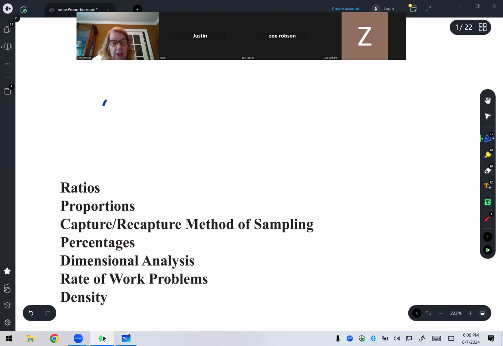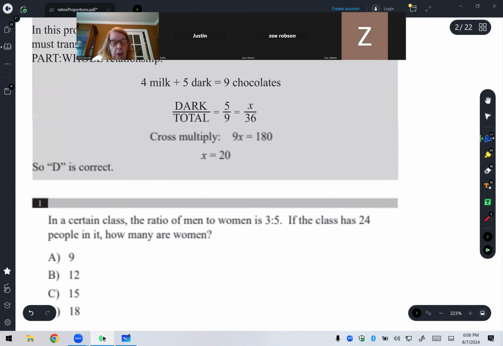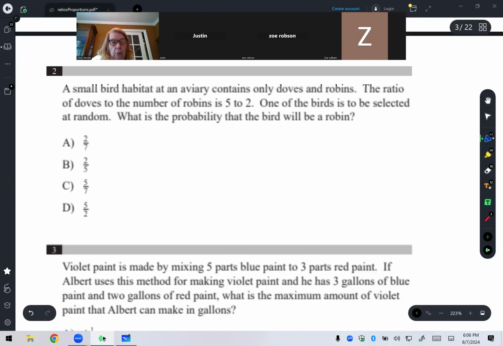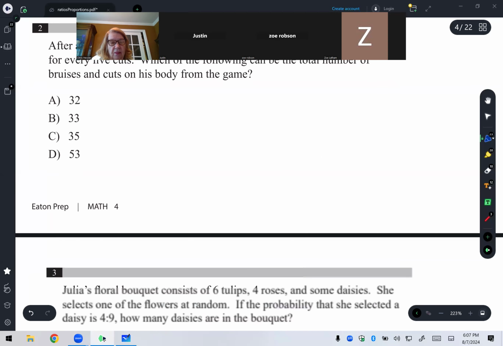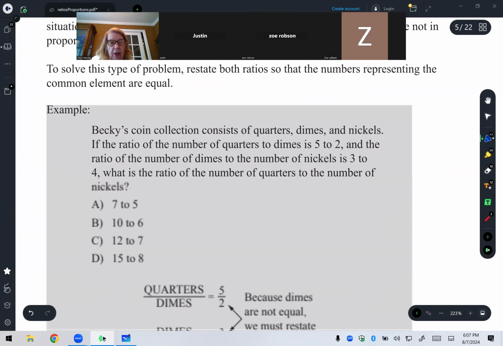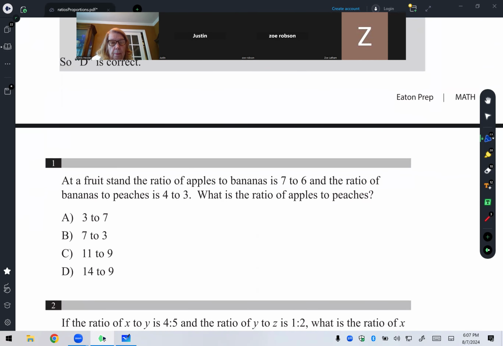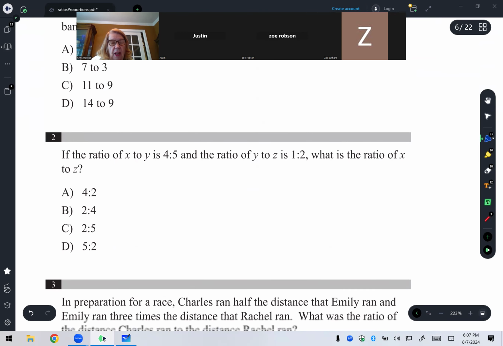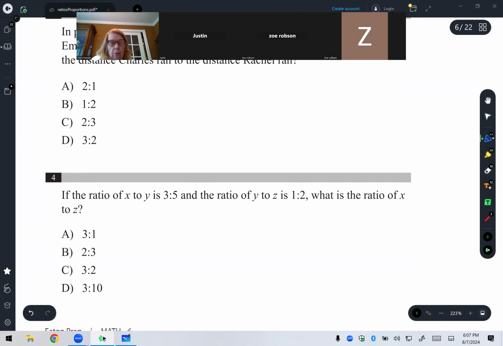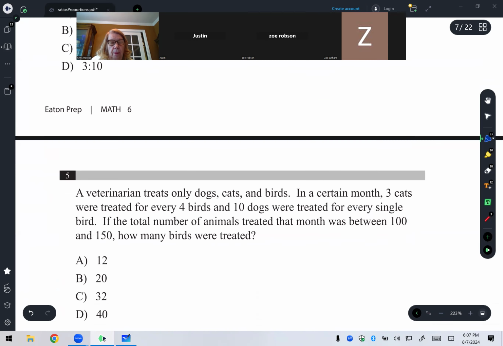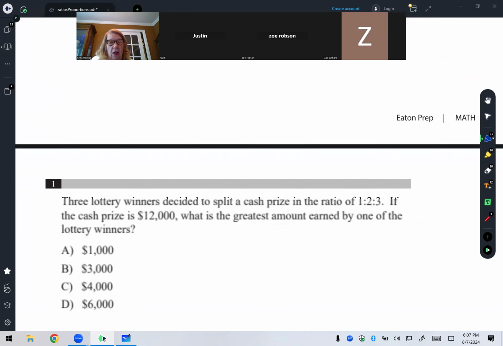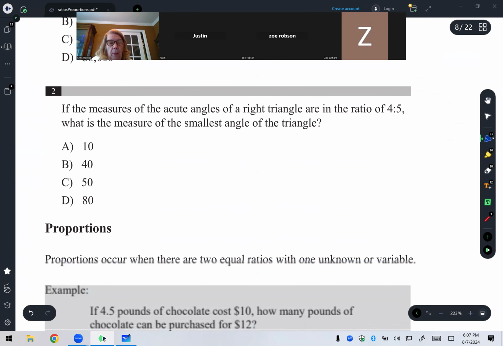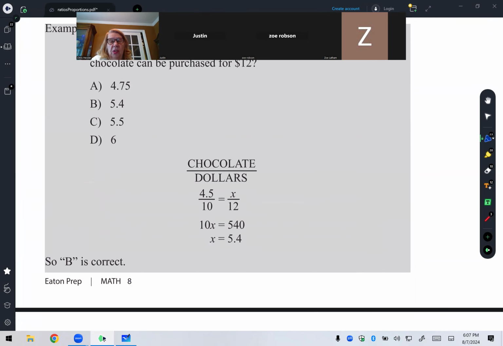So I got to go all the way down to where we are, which will be, I still have to go back to those 2 problems. I'm not forgetting about them. And you guys understand what I was saying about the labels for these. I think you got it. I would just put chocolate to dollars.